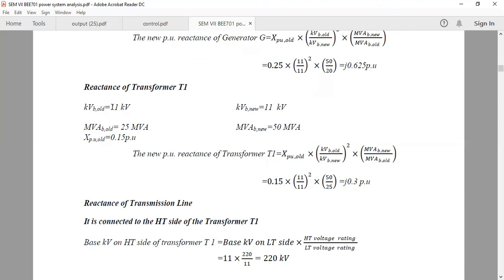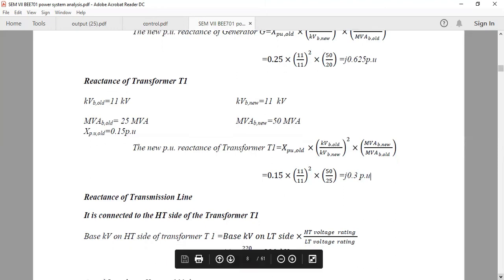Then MVA old is 25 MVA and MVA new is 50 MVA, and X per unit old of transformer T1 is 0.15 per unit. So with the help of the formula, the new value of the reactance of transformer T1 is j0.3 per unit.